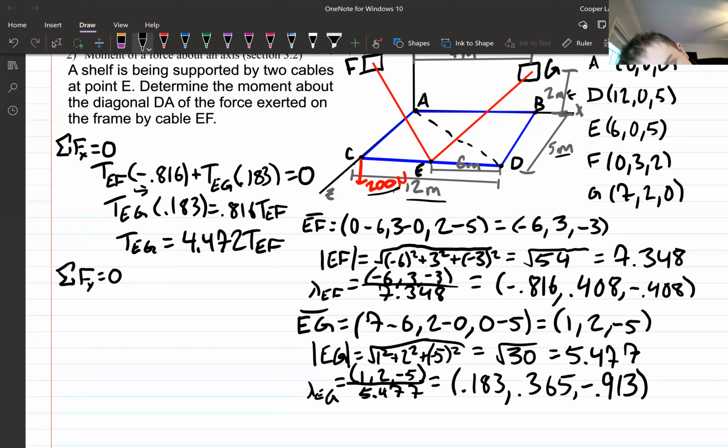So we're going to do TEF times its value in the y direction, which we find to be 0.408. Now we're going to add, well, I'm going to move this over some so we just have some more space. Okay, that didn't want to work.